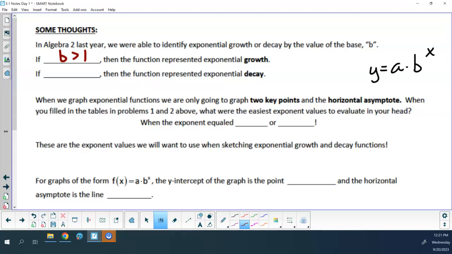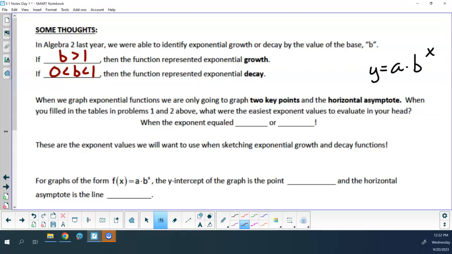We are going to be an exponential decay if b is between 0 and 1. So that gives us a growth, that gives us a decay.